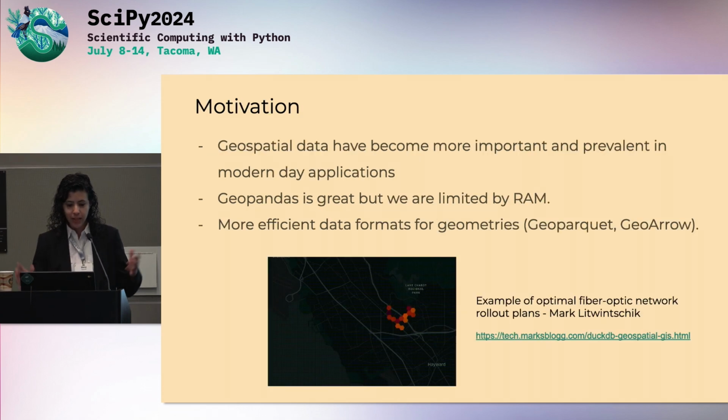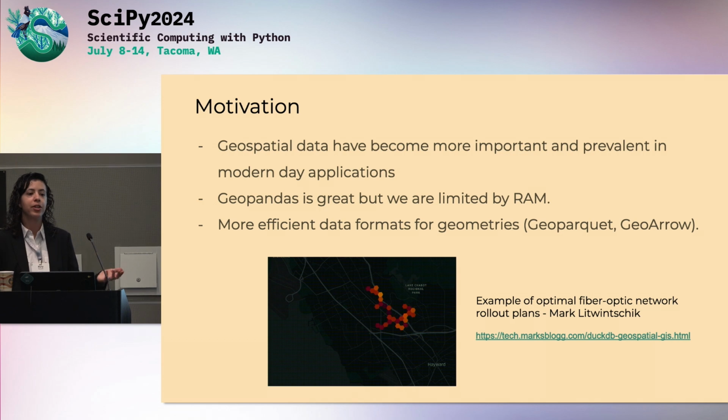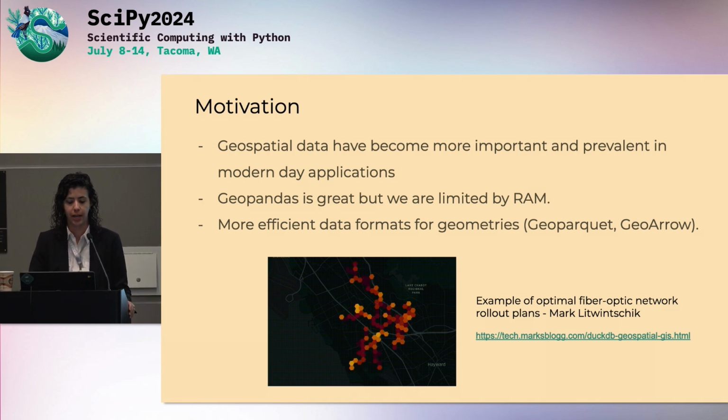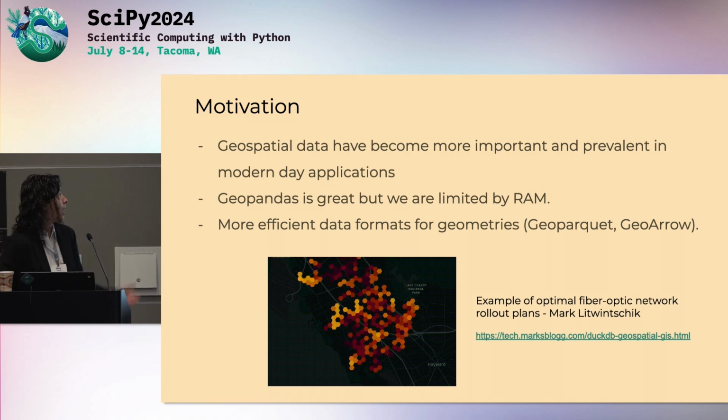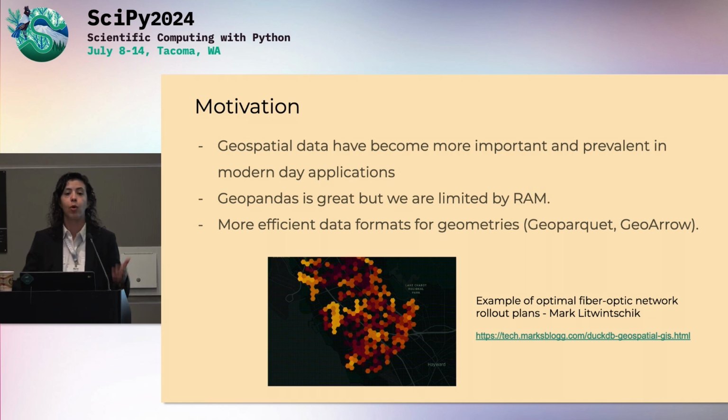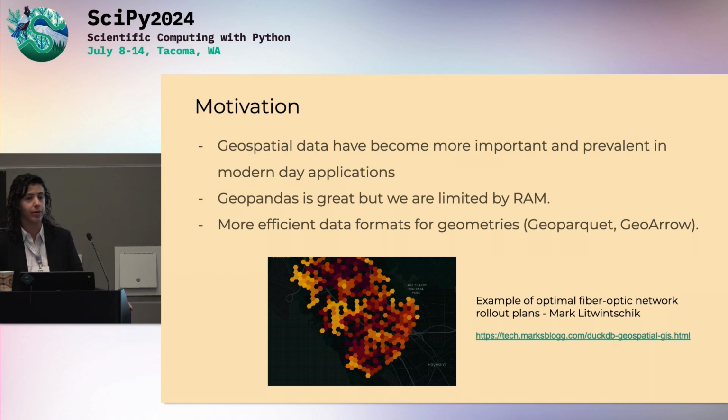So a little bit of motivation behind why this talk and why something like DuckDB and geospatial components exist is that geospatial data has become more and more prominent pretty much everywhere.